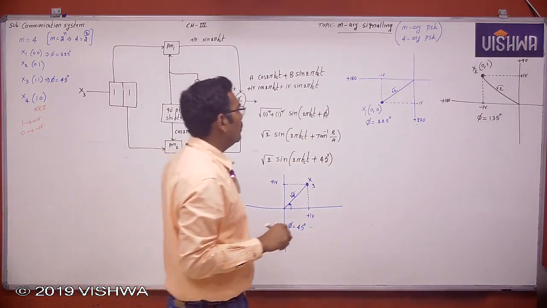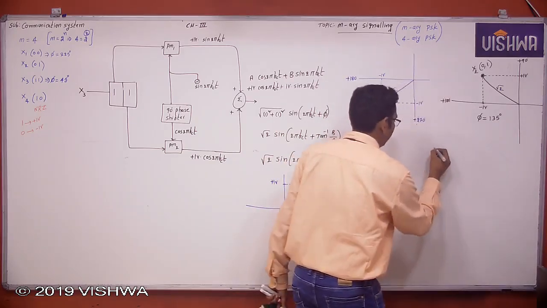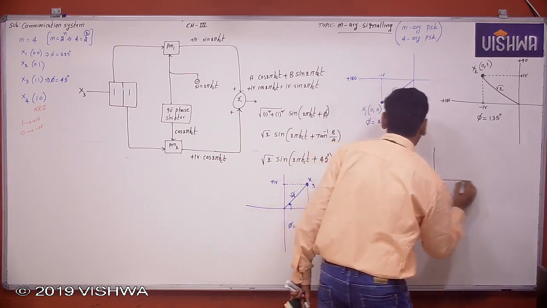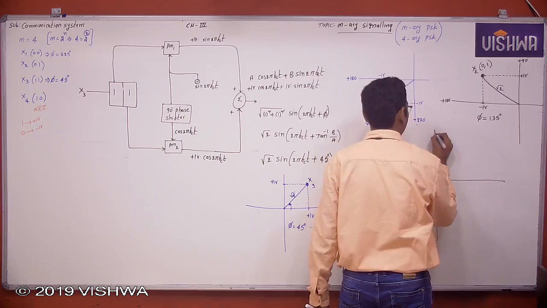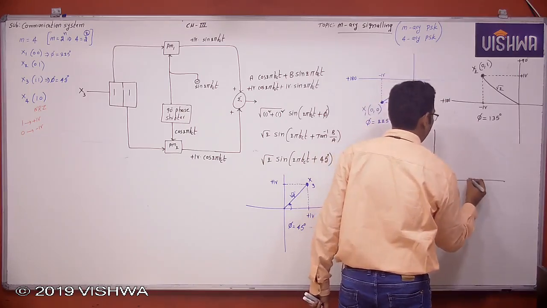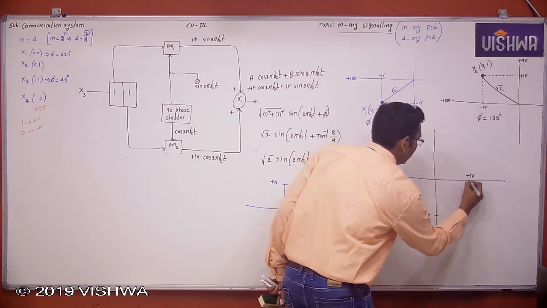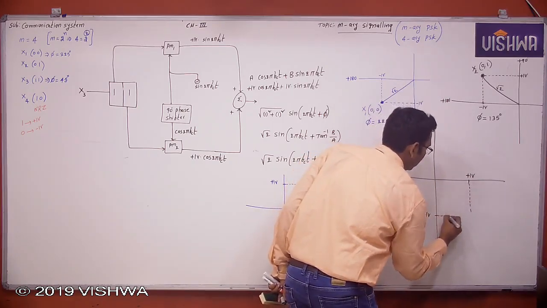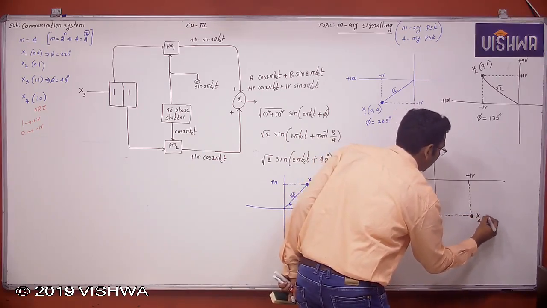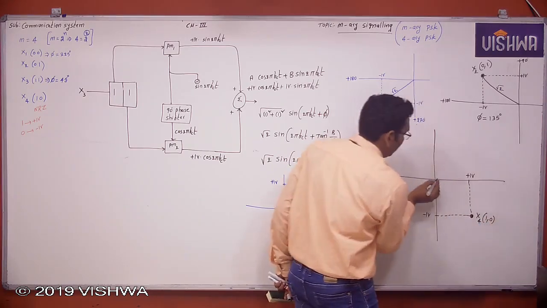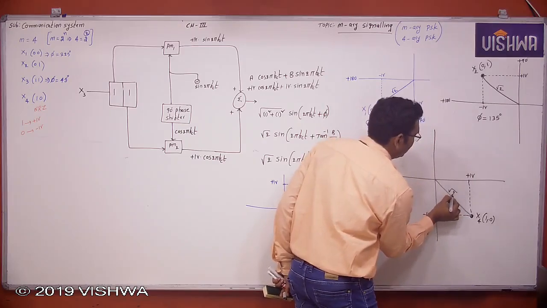Now x1, x2, x3, x4. What is x4? 1 0. Now 1 means plus 1 volt, 0 means minus 1 volt. Now this is the symbol x4, which is 1 comma 0. The distance from the origin to the symbol is the magnitude, and the magnitude is √2.